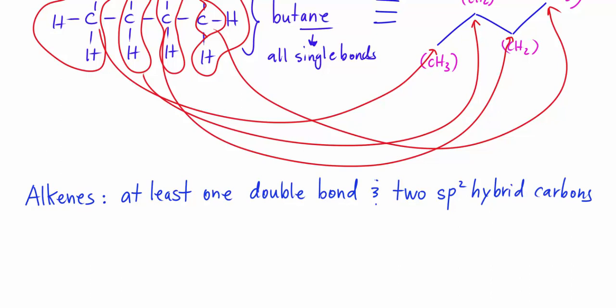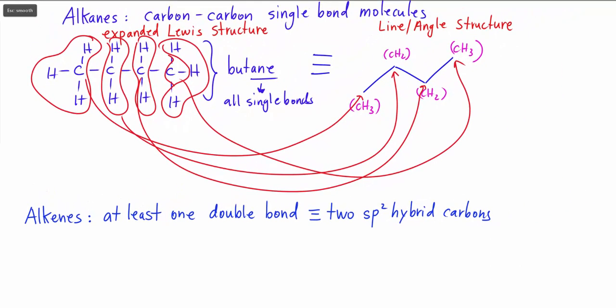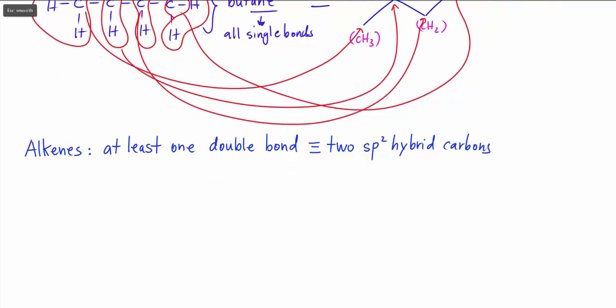So saying one double bond and two sp2 hybrid carbons is synonymous. That's the exact same thing.